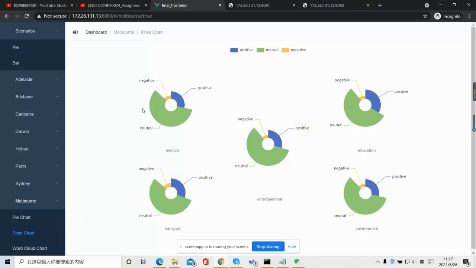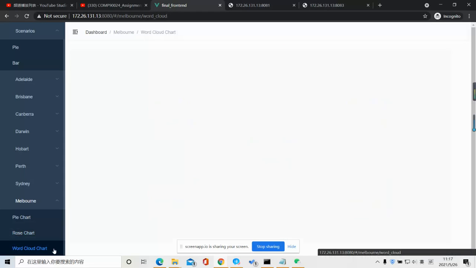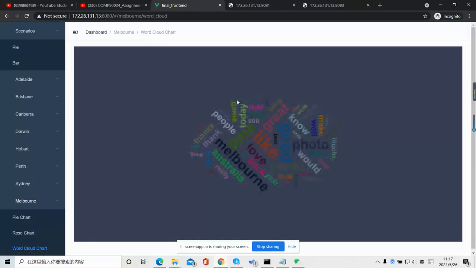And this is a rose chart for Melbourne. And then we've got a word cloud chart for Melbourne. For the word cloud chart, we display the most posted words in tweets in this certain city.